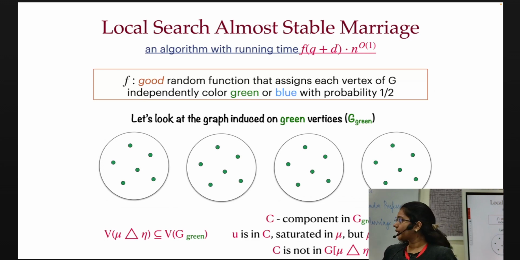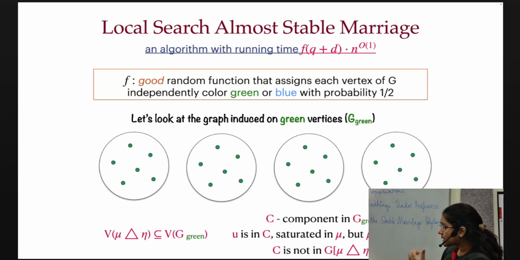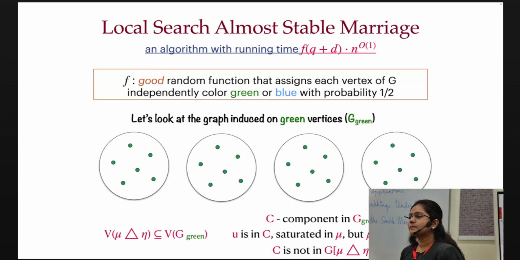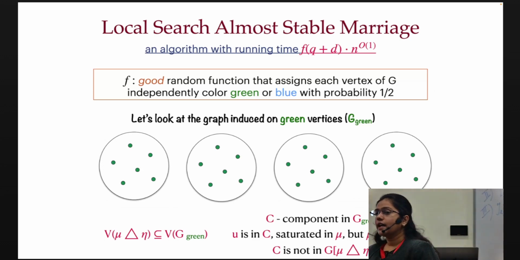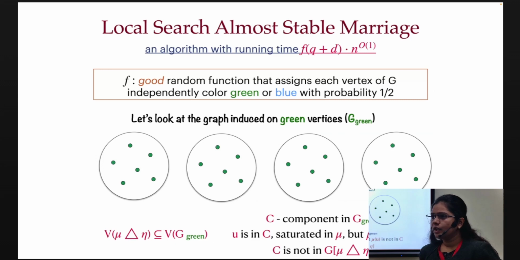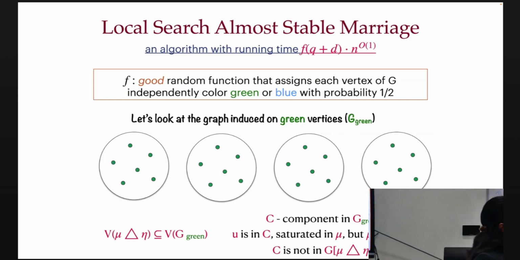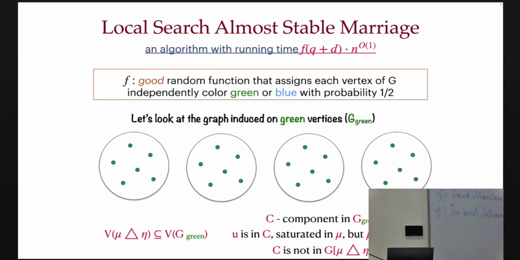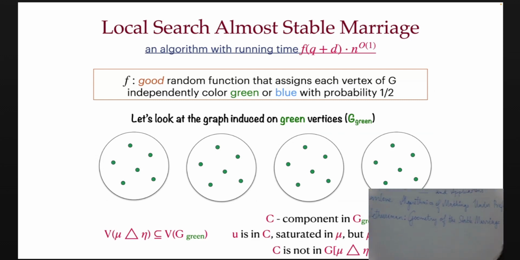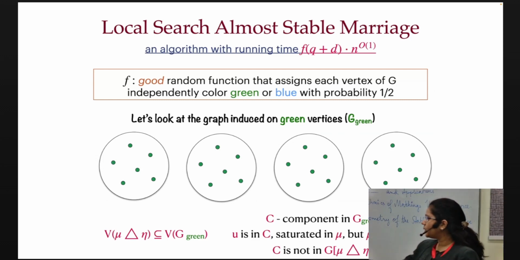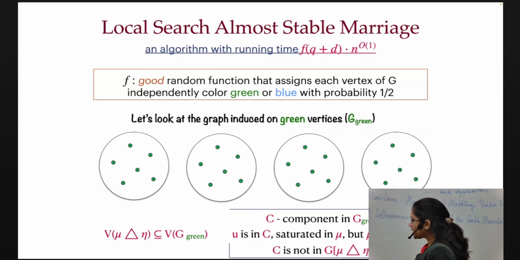So I know that this component cannot be part of my mu symmetric difference eta, because it did not change the partner. U is in C, but it did not change the partner, because its partner is not in C. Then why is U in C? So this is the crucial point.